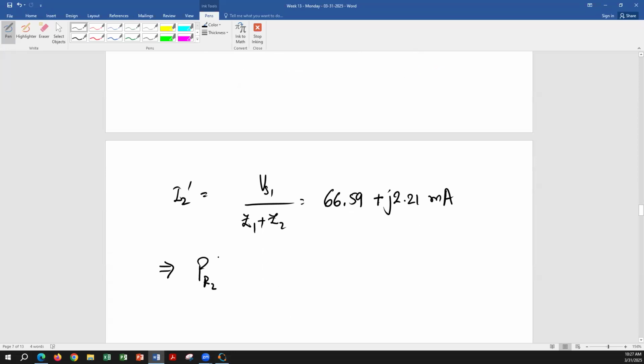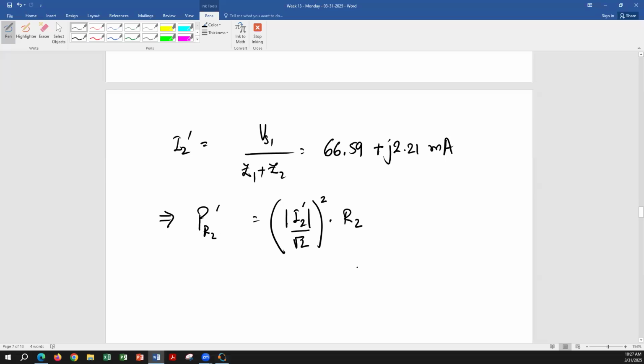Let's call it PR2 prime from the first source: magnitude of I2 prime divided by the square root of 2, squared, times R2, and QC prime is the magnitude of I2 prime over square root of 2, squared, times the magnitude of XC.